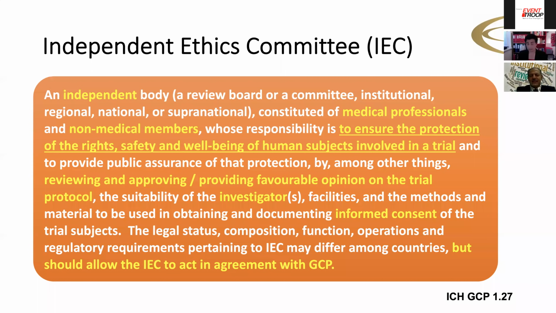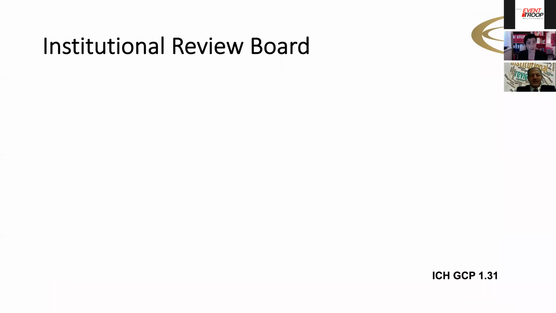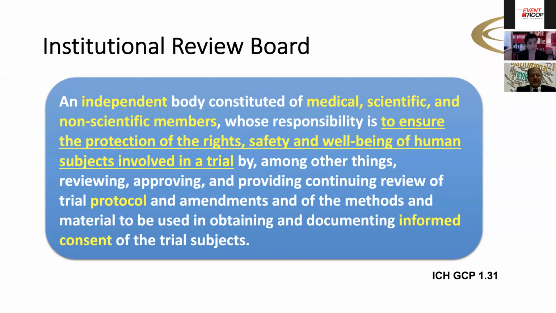Then what is an institutional review board or an IRB? Now, here is the definition of an IRB. It says an IRB is an independent body constituted of medical, scientific, and non-scientific members whose responsibility is to ensure the protection of the rights, safety, and well-being of humans involved in the trial.